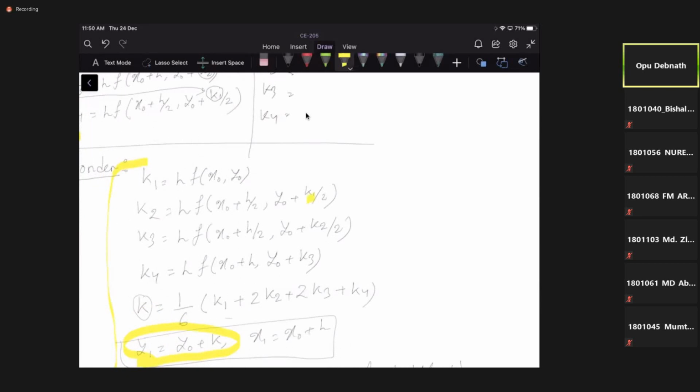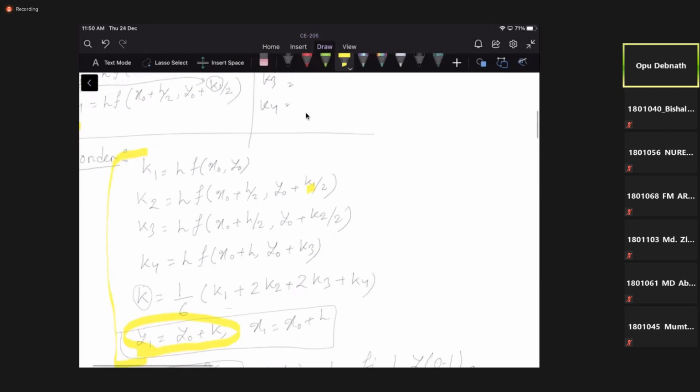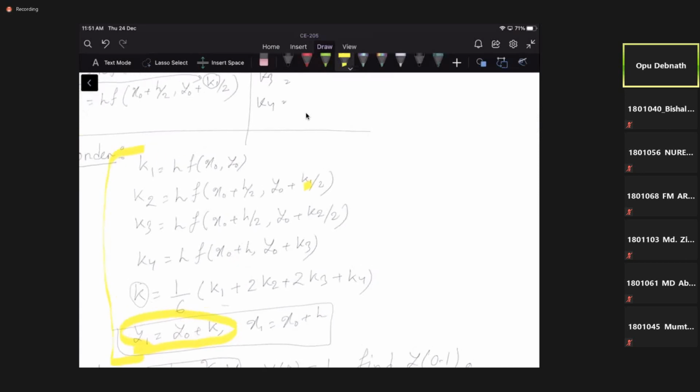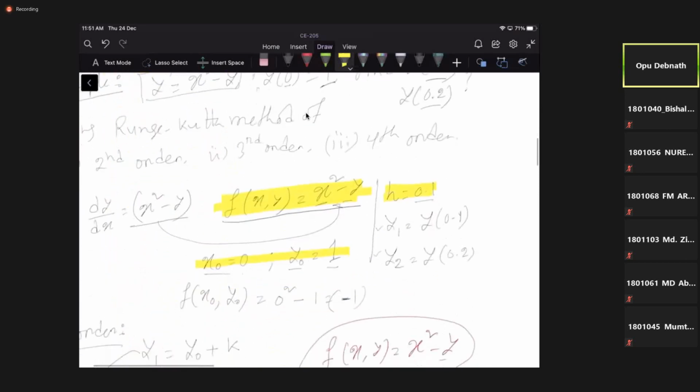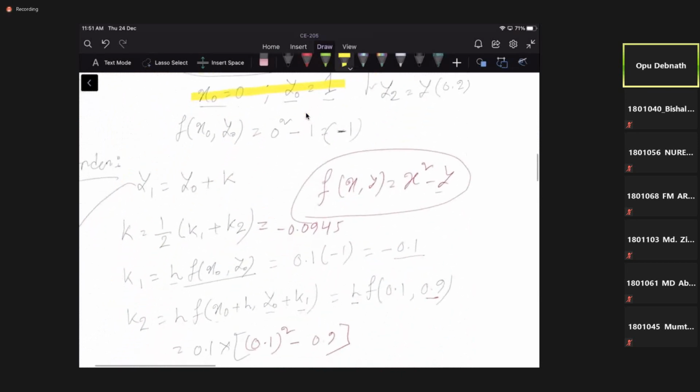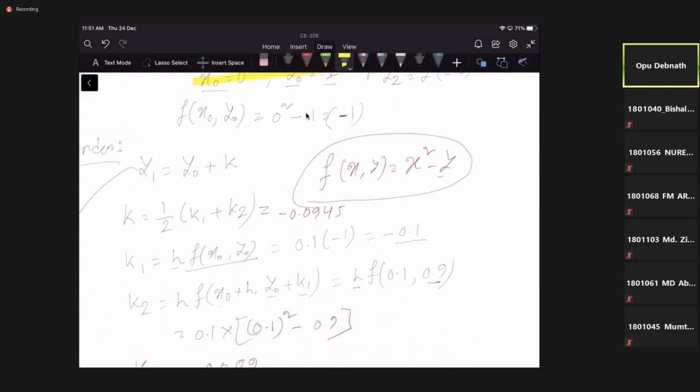Suppose for fourth order you solve the simultaneous equations, your k2 value will be f1 of x0 plus h by 2, y0 plus k1 by 2, and z0 plus l1 by 2. So if you go for y1 first and then z1, that will be difficult. You need to go side by side. That means first you calculate k1, L1, then k2, L2, finally the k value and L value, and then finally z and y.